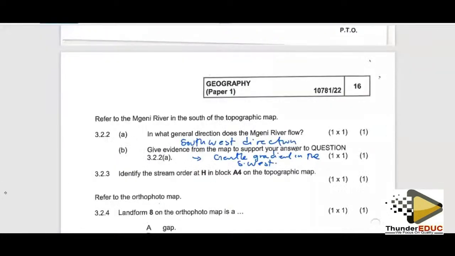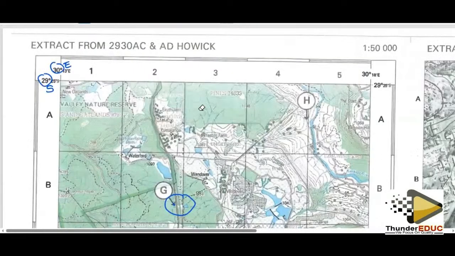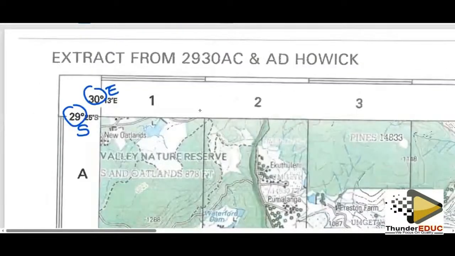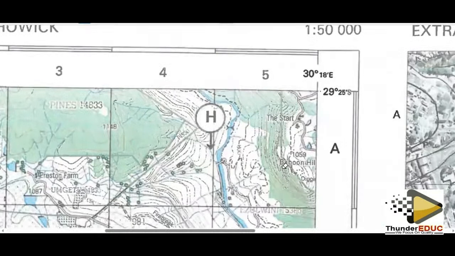Let's proceed to question 3.2.3. Identify the stream order at H in block F4 on topographic map. Block F4. So this is at H here. Let's try to zoom it. Okay, so you can see at this point, this is H here.